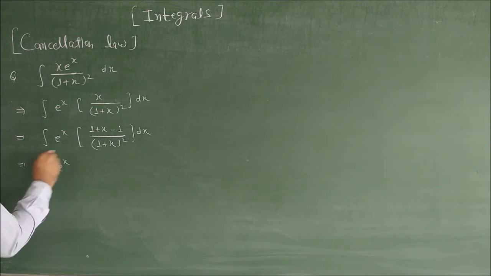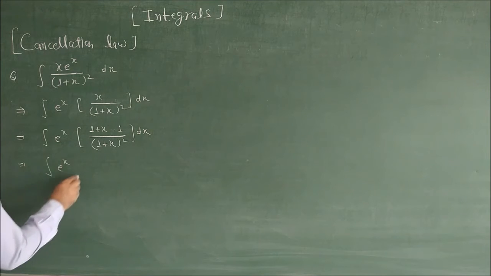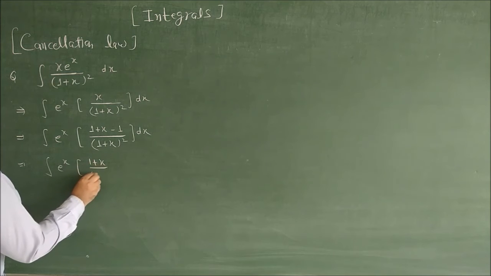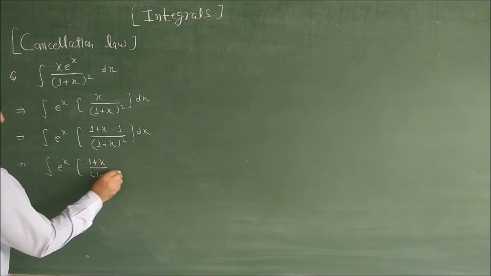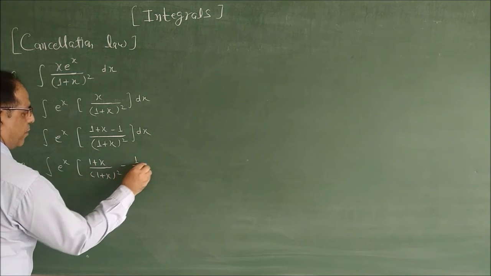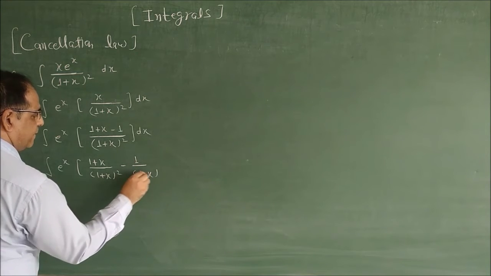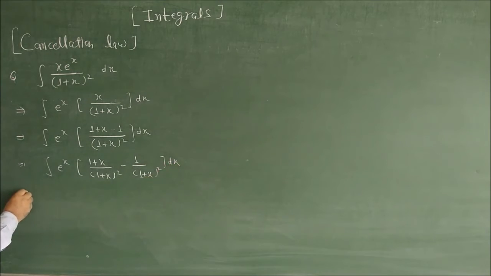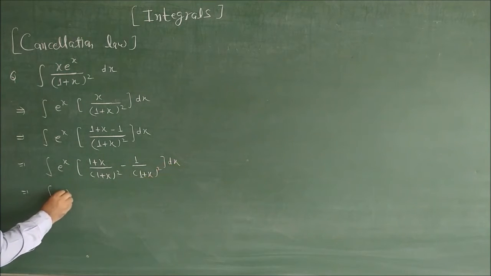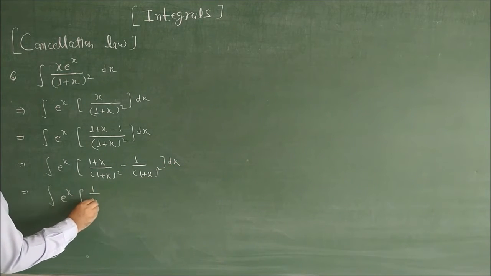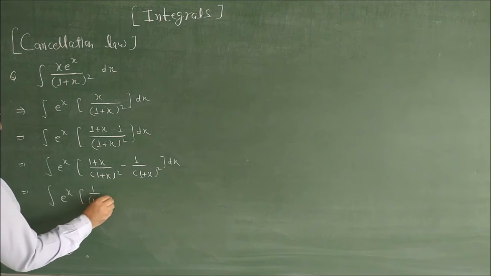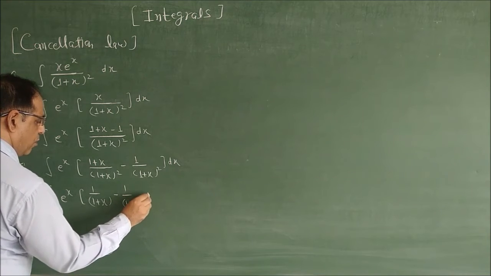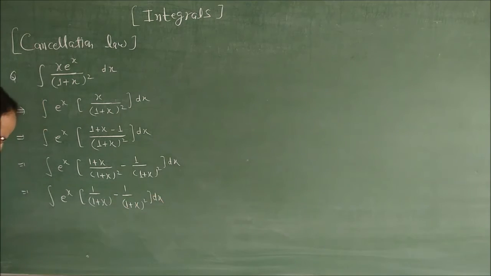e to the power x, (1 plus x) upon (1 plus x) whole square minus 1 upon (1 plus x) whole square, dx. So this becomes e to the power x, 1 upon (1 plus x) minus 1 upon (1 plus x) whole square, dx.